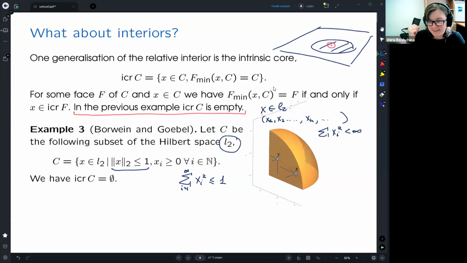The explanation given in the paper from which this example comes is very interesting. To show that the intrinsic core is empty, one demonstrates that for every point in this convex set, every sequence like this, there exists another sequence that, in a certain sense, converges slower than the original sequence.